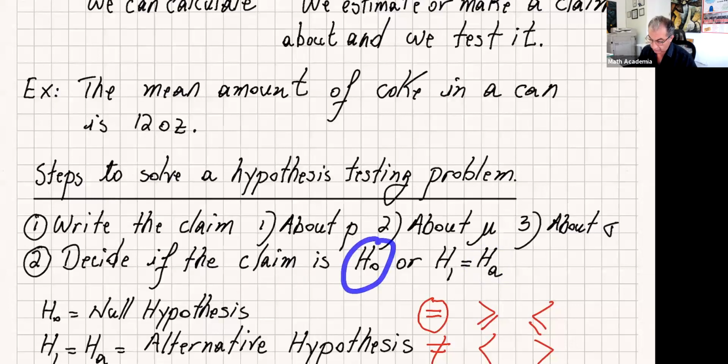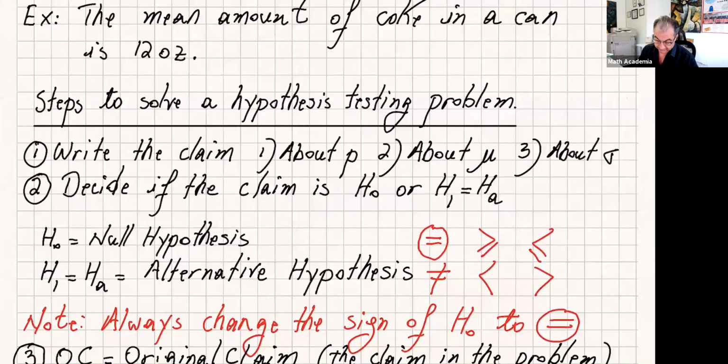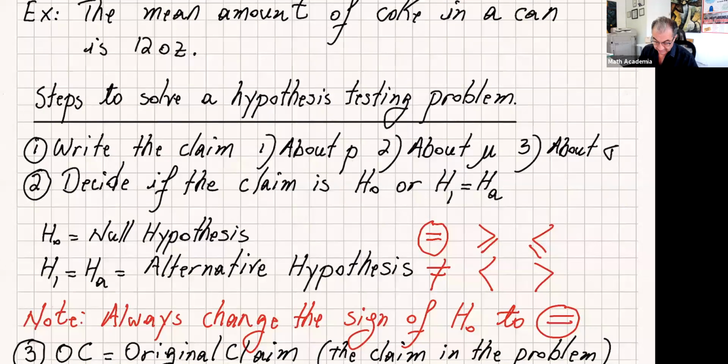So H0 or H1, I use the notation H1, but some books use HA. Why do we do that? Because H0 is the null hypothesis, and H1 or HA is called the alternative hypothesis. These two are complements of each other.